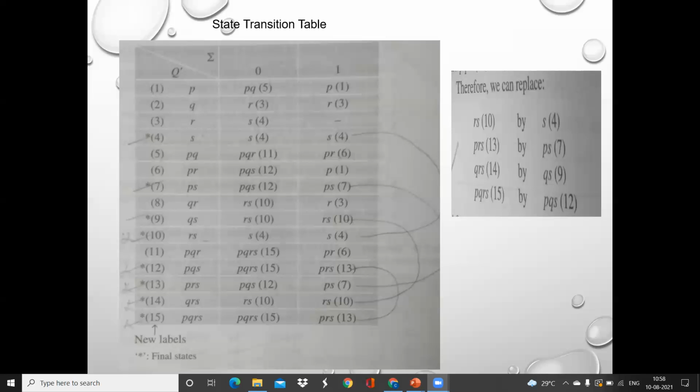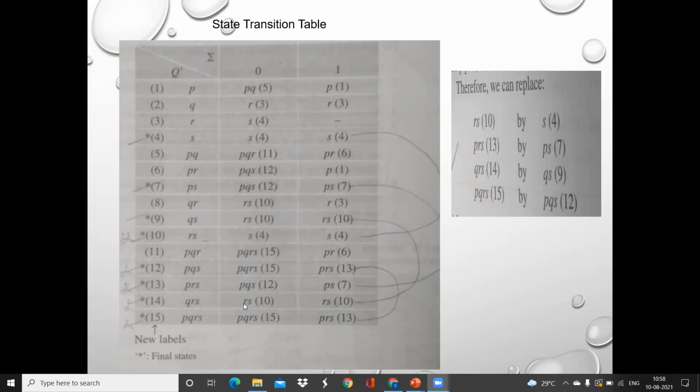When you replace 10, this entire row, RS, will get removed. Wherever in this complete transition table you have RS, it will get replaced with S. So here we have RS, which will get replaced by S, and instead of 10 it will be 4.